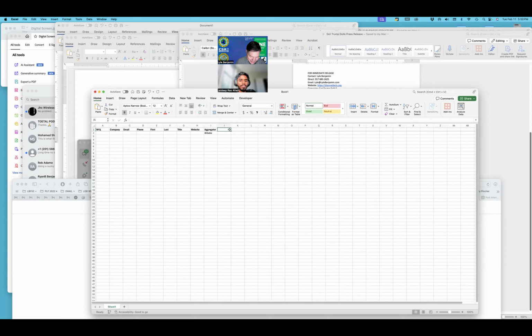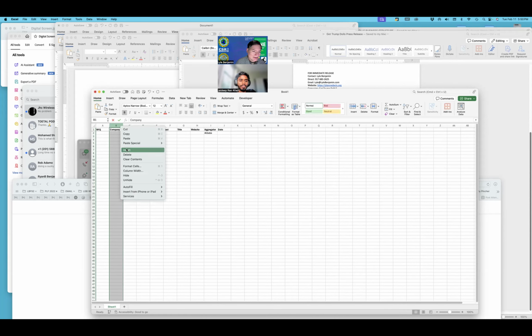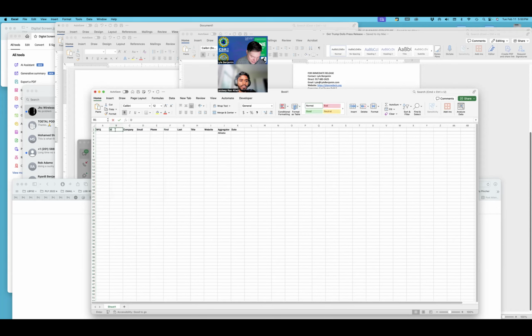You can also have the date. You actually move the date up here. If you wanted, you can put in additional columns that you want. Notes.